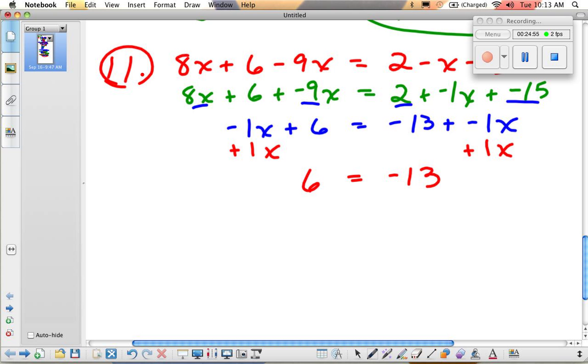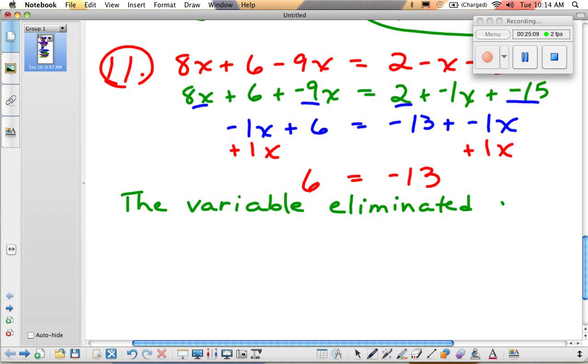Let's make this little note in our notes. The variable eliminated, they're gone. We only have one variable really. The variable eliminated and the result is false.